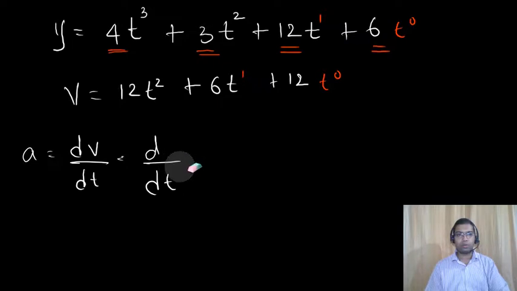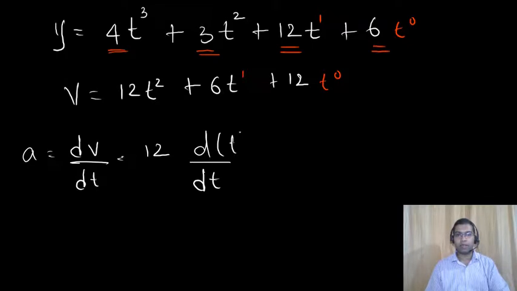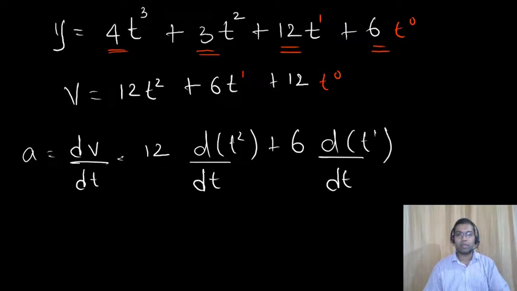So this is going to be 12 times d by dt of t square plus 6 times d by dt of t power 1 plus 12 times d by dt of t to the power 0.